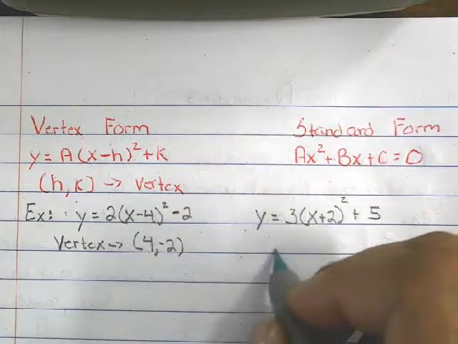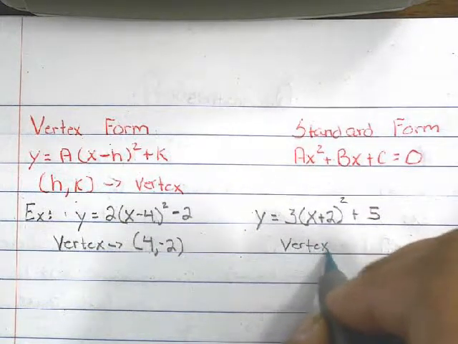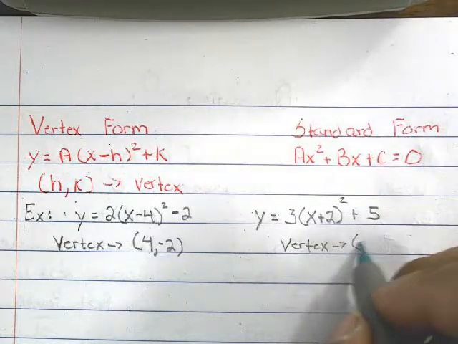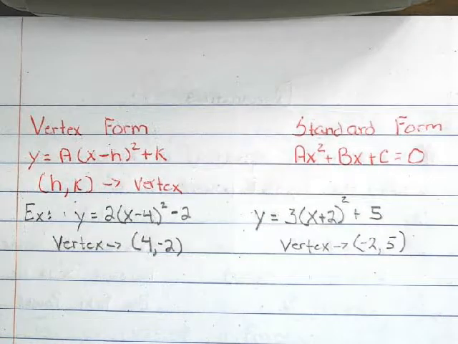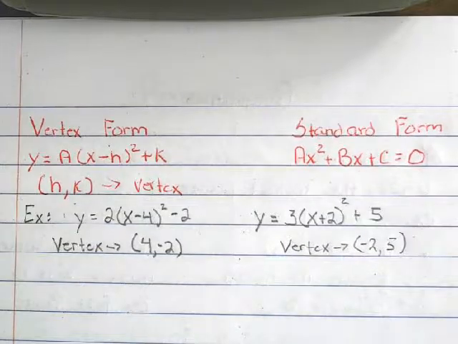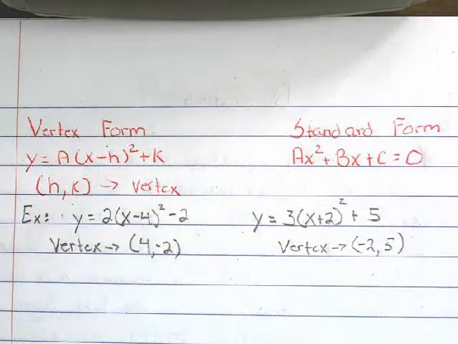So the vertex here would be negative 2, 5. That would be the vertex. That's your vertex right there. And we will talk more about that later.